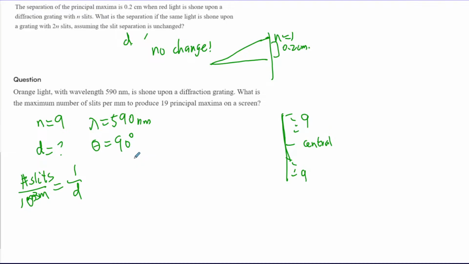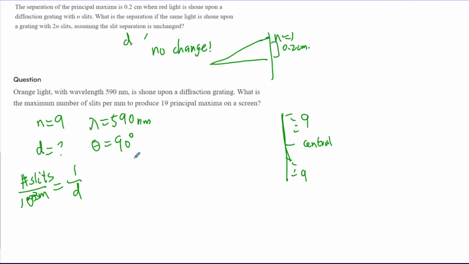Remember, for the maximum number of slits per millimeter, if you have more, the slits become closer together, which means the diffraction will be wider, which means you can't fit 19 anymore.